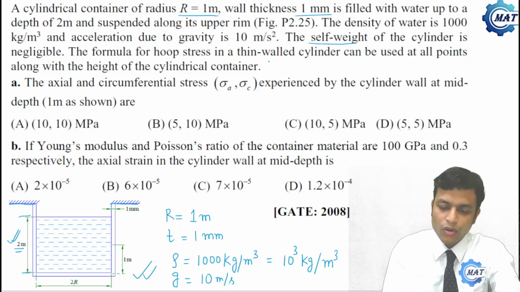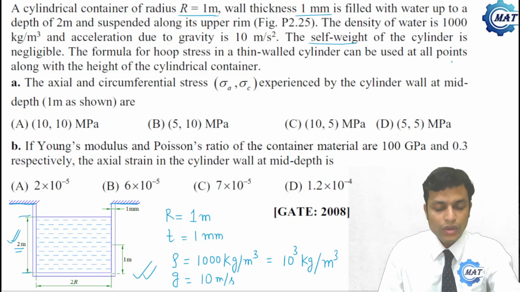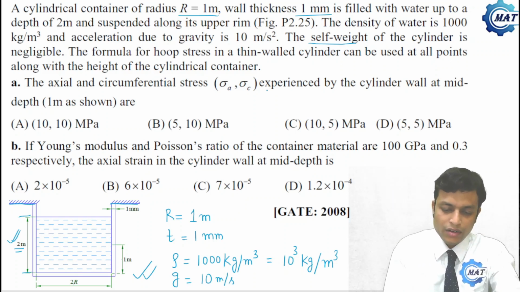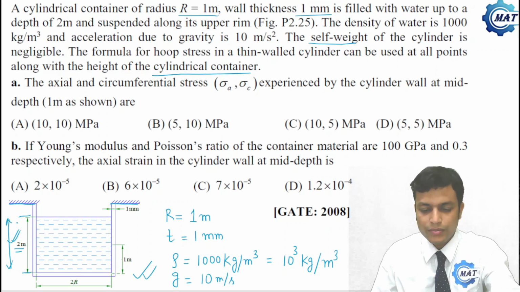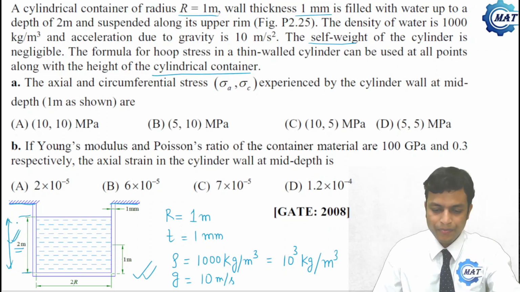The formula for hoop stress in a thin wall cylinder can be used at all points along the height of the cylindrical container. That is, along the height, that is this direction, the expression of circumferential hoop stress is valid.